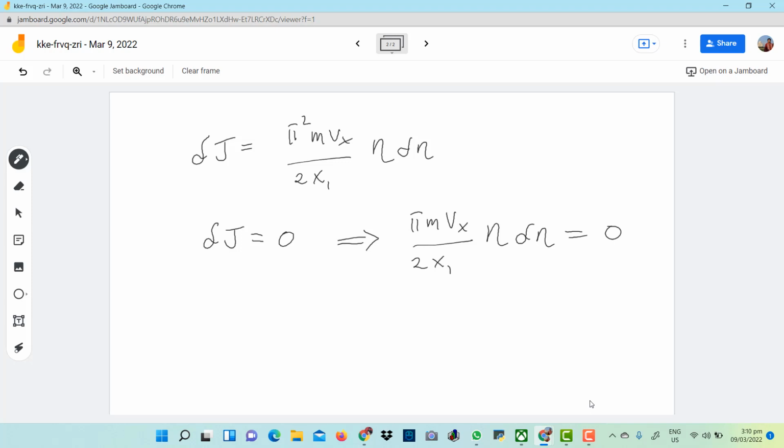Where does this function become 0? It is when your eta must be equal to 0, since pi m vx over 2x1 cannot be 0. The change in eta is generally not equal to 0.